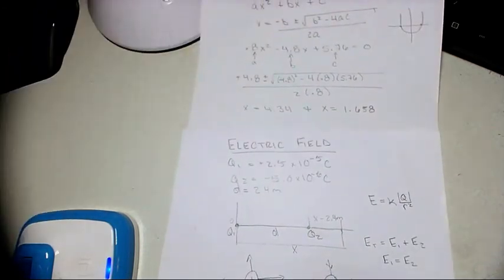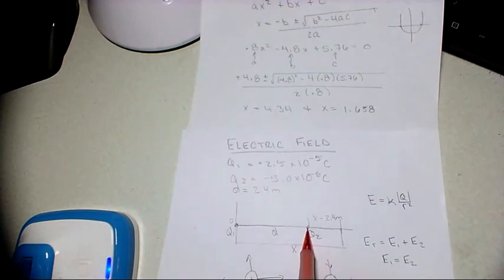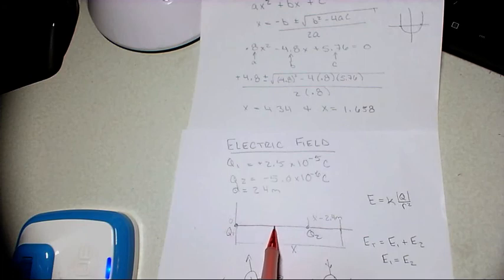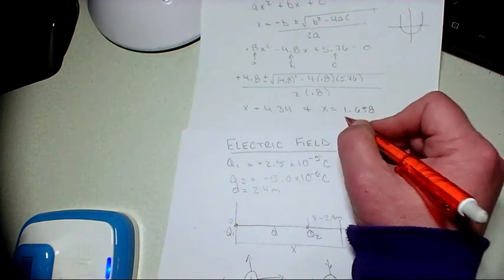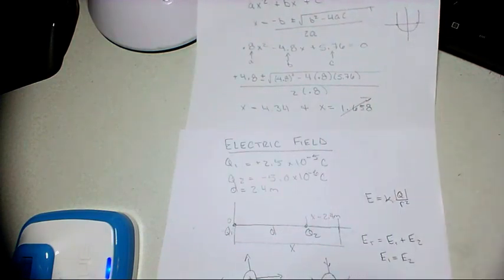Come over here, and this is at 2.4. We originally said that 1.658, which would be in front of this 2.4, doesn't make any sense. Those two fields are additive. It's not going to be 0 here. So that 1.658 answer is out.